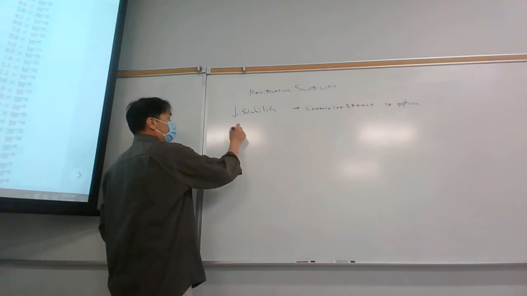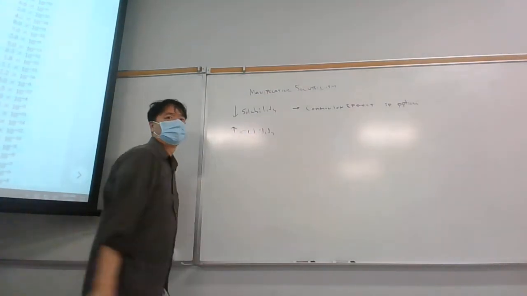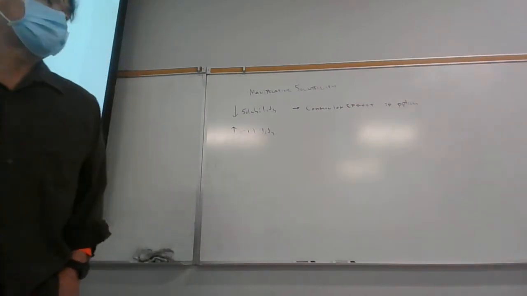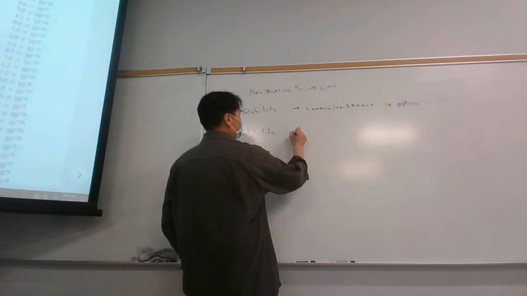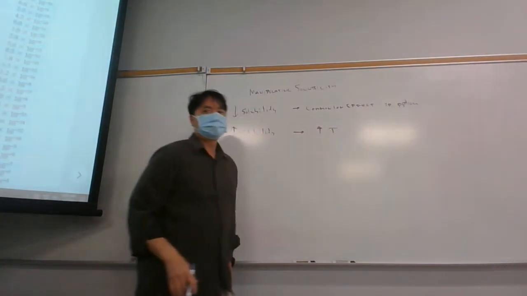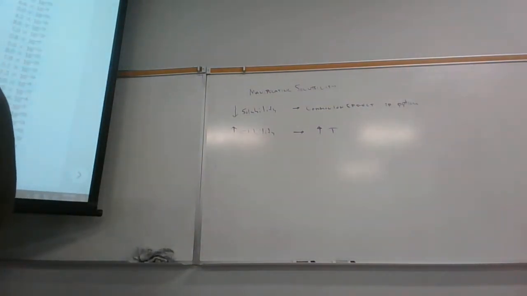How about increasing the solubility? What are the ways that we can increase the solubility? Increase the temperature. That's the most common way. Most of these are endothermic, so increasing the temperature, well, it's not really Le Chatelier. Increasing temperature changes the K and makes it more soluble.